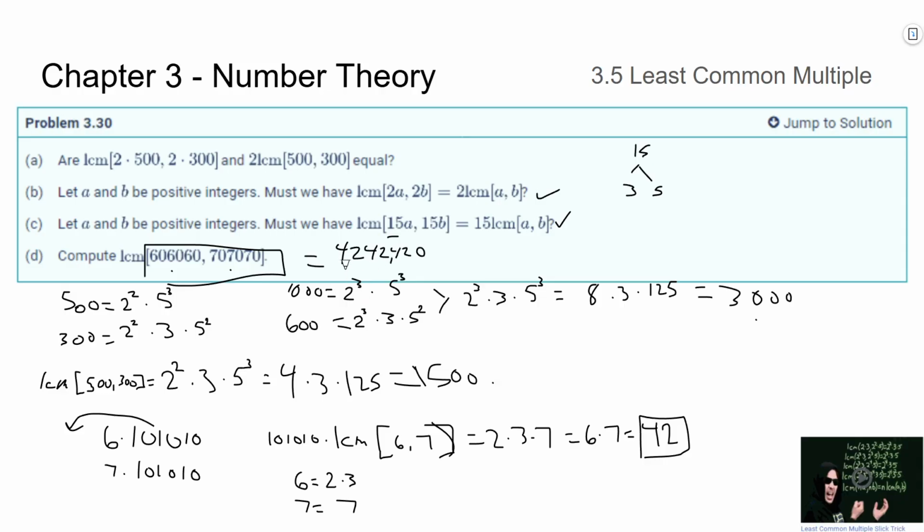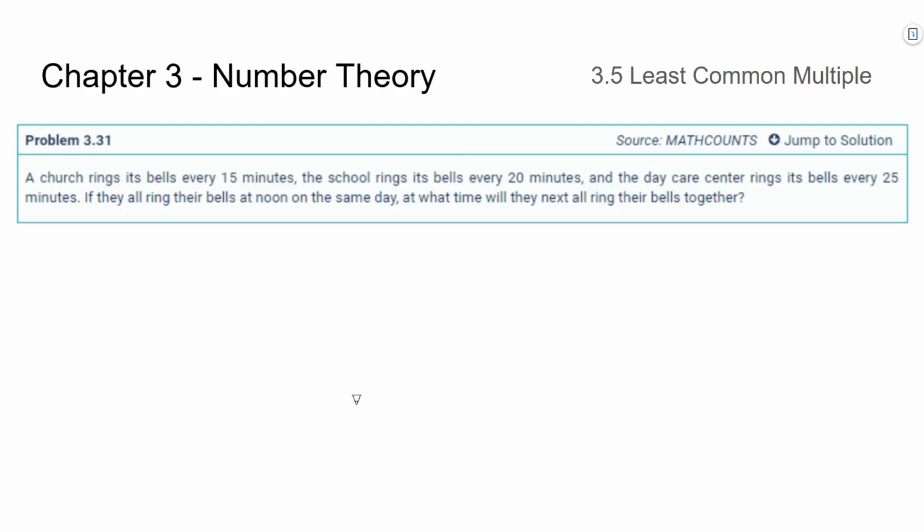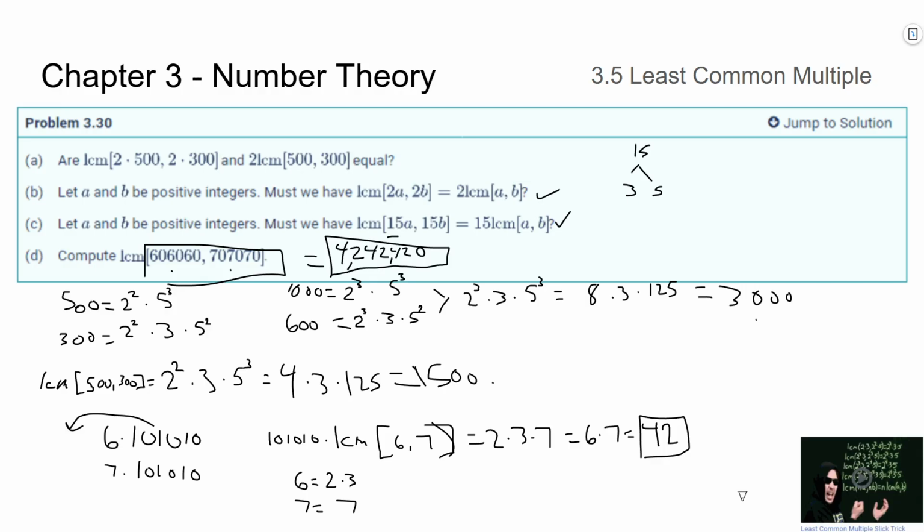So this would be the least common multiple of those two numbers. So that would have been a challenge to solve if we didn't have this fact known that we could factor out this 10, 10, 10. All right, also check this video out here because it gives you some nice tricks to calculate these least common multiples.